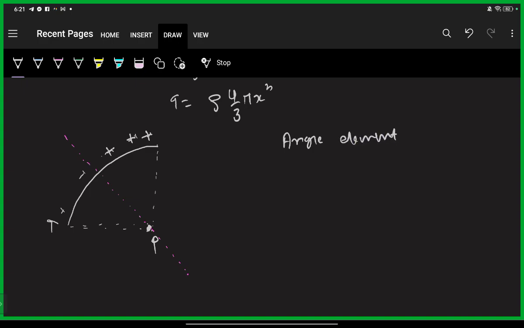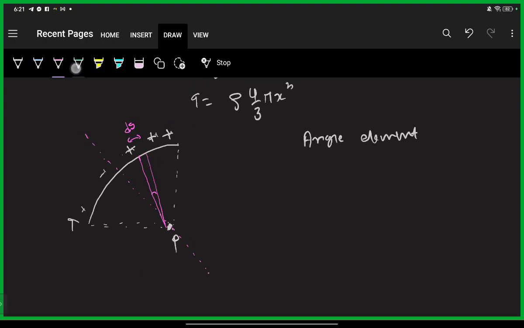Angle element means we are going to consider an element of length, let's say ds, and its subtends an angle, let's say d theta, okay? How much is it? D theta. And with the origin, it is making an angle theta, okay?